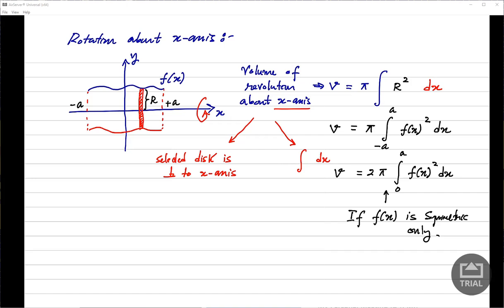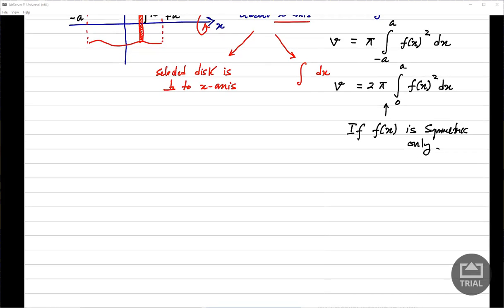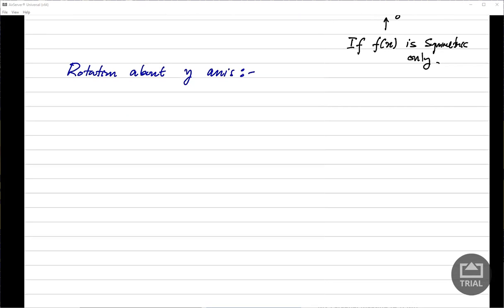I hope you understand. Now the next one is rotation about the y-axis. So let me draw this one.